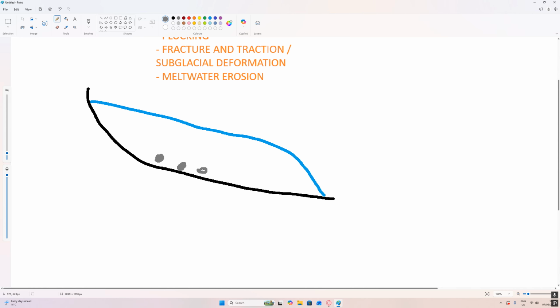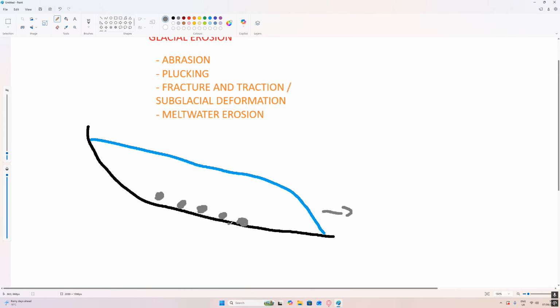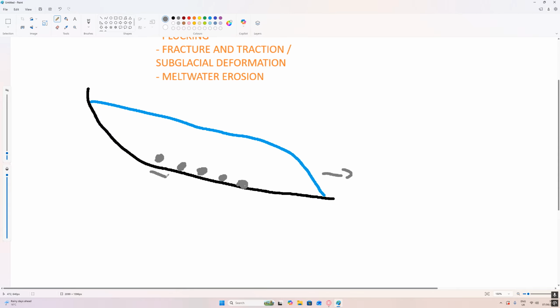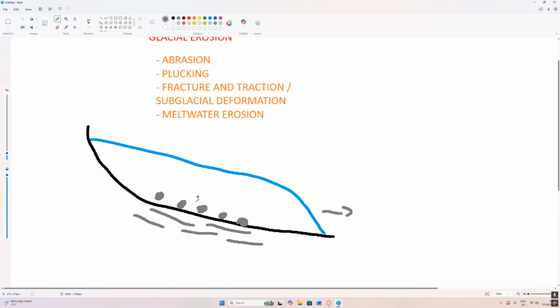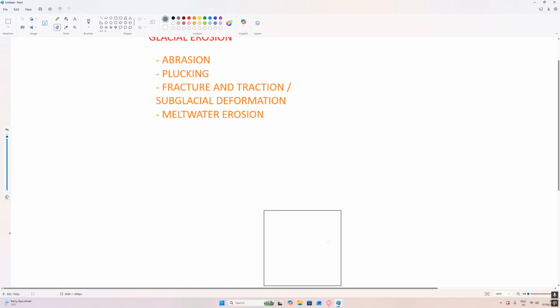As the glacier advances, these rocks abrade the bedrock beneath, and over hundreds, thousands of years, you get striations, which are just really long marks left from the erosion of rocks. You also get more rocky debris that has been abraded out of the bedrock.